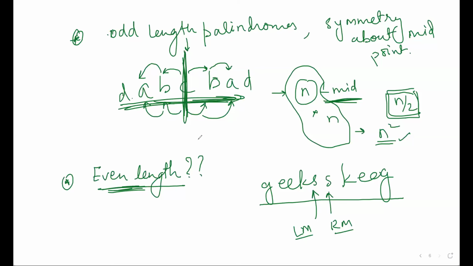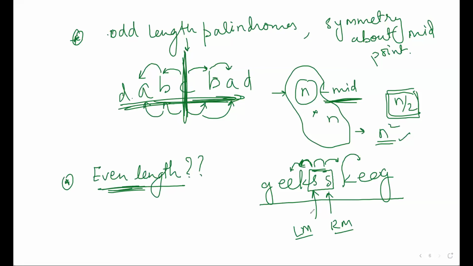There is just one modification: those midpoints need to be equal. Once those midpoints are equal, then you are doing the same task. You are moving in the left direction, you are moving in the right direction, and checking if they are equal or not. So first, these midpoints need to be equal. Once they are equal, then you can start moving in left of the left midpoint and right of the right midpoint and compare.